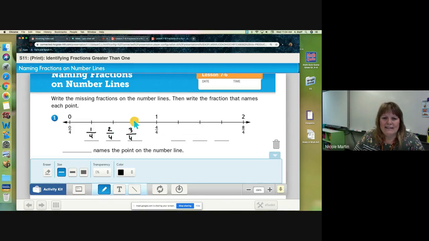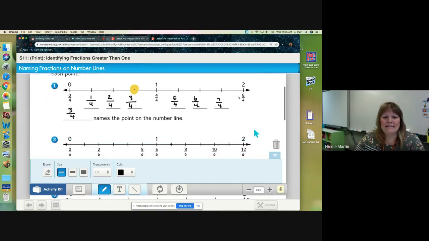Okay, that little yellow dot names the point, 3 fourths on the number line. Now we can continue the pattern, 4 fourths, 5 fourths, 6 fourths, 7 fourths, and we end with 8 fourths. All right, good job, my friends.